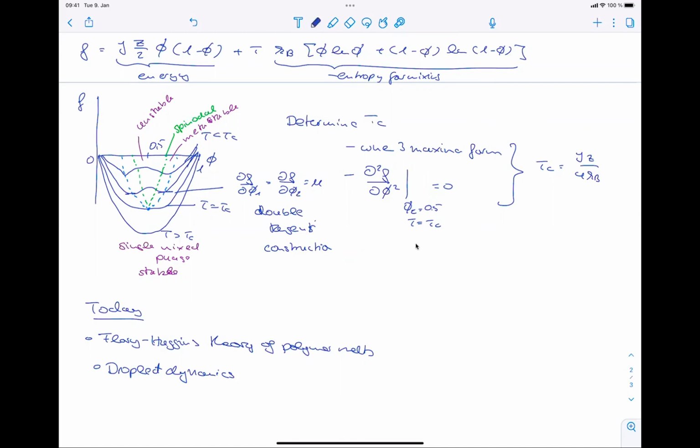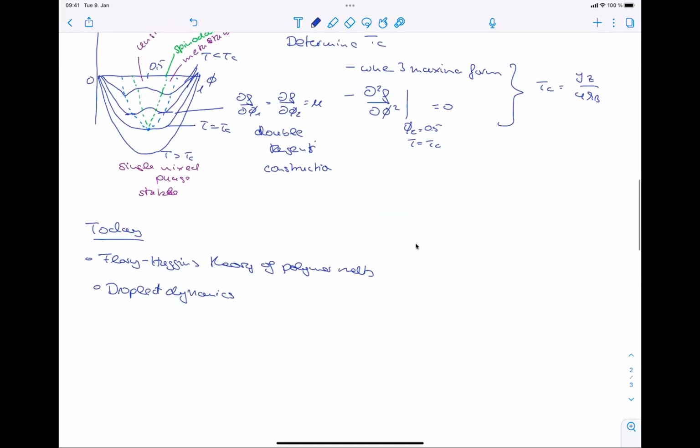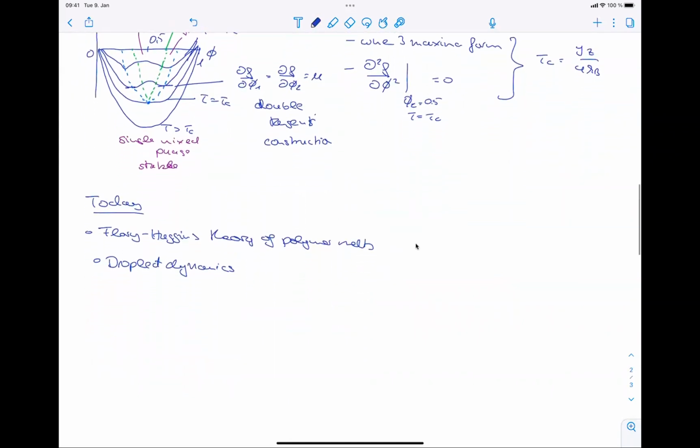And then this brings you very close already to current research topics. So, returning to the Flory-Huggins theory of polymer melts.